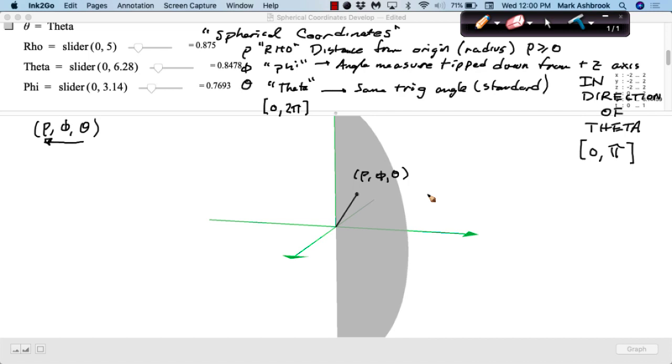And then you can see how you could get every point in R3 with these three coordinates. With the two angles and a rho, you could locate any point in R3 this way.